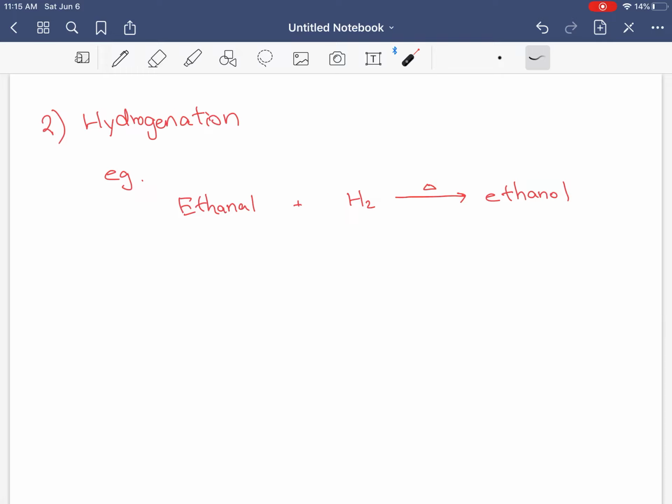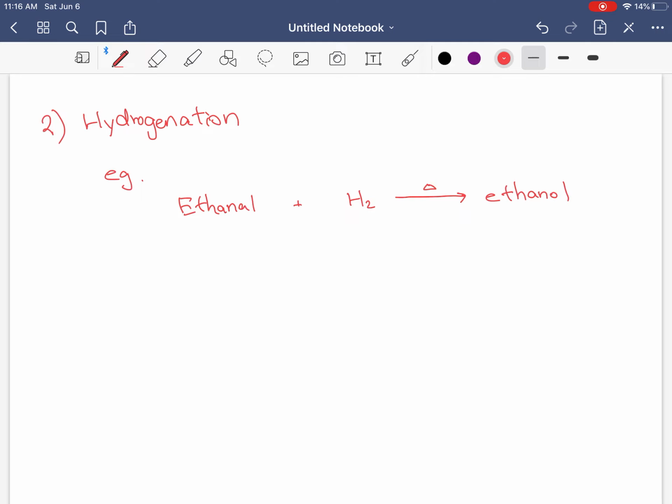All they'd ask you to know is that you won't jump start this reaction unless it's above SATP. All right? So ethanal reacting with hydrogen gas in the presence of heat will give you an alcohol.